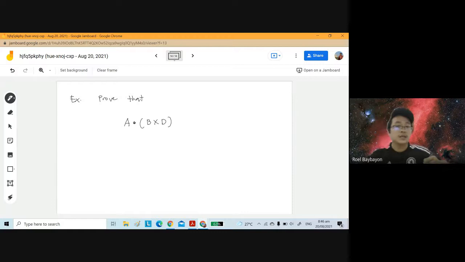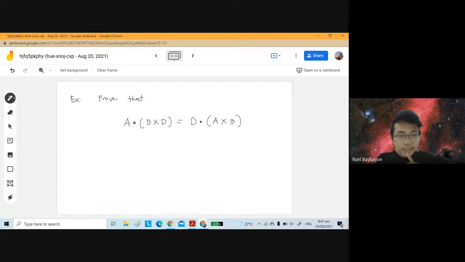Take note, this is what we call a triple product. We combine the dot product and the cross product. A dot B cross D is equal to D dot A cross B. Again, these are vectors, okay? A, B, D are vectors. So prove that A dot B cross D is equal to D dot A cross B using the Levi-Civita symbol.